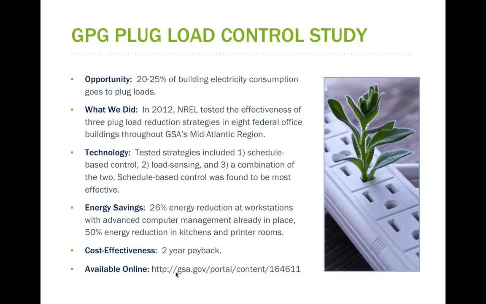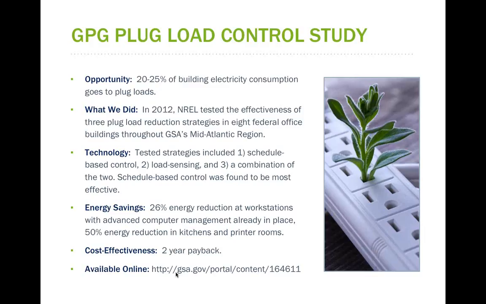In 2011, GTG commissioned NREL to test the effectiveness of 3 plug load reduction strategies at 8 federal buildings in the Mid-Atlantic region. So that's Pennsylvania, New Jersey, and Maryland, and those states around there. The 3 strategies tested included timer-based control, load sensing, or what's been referred to earlier as master-controlled control, and a combination of the 2.